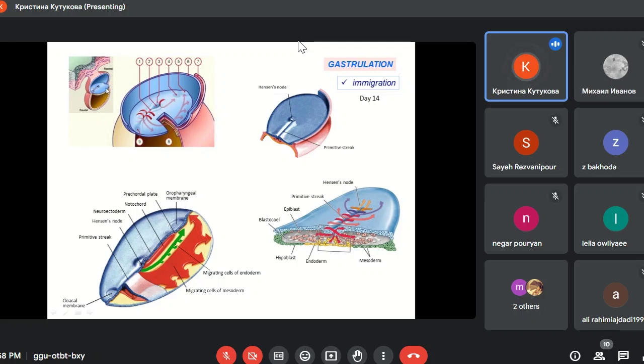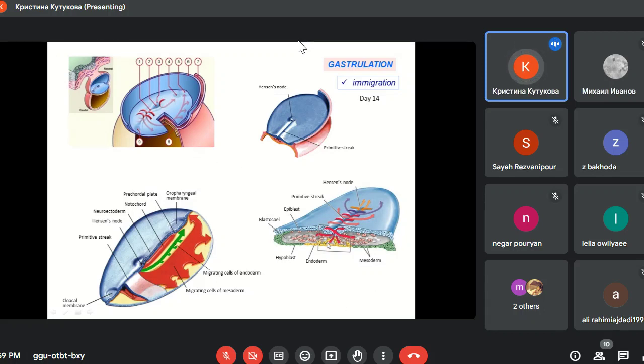The embryo now consists of two layers, epiblast and hypoblast, and it is covered from above with amnion, and below it we have the yolk sac, and everything is inside the chorion, and all of it is inside the mother's uterus.